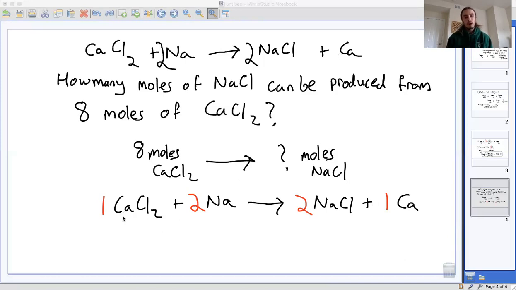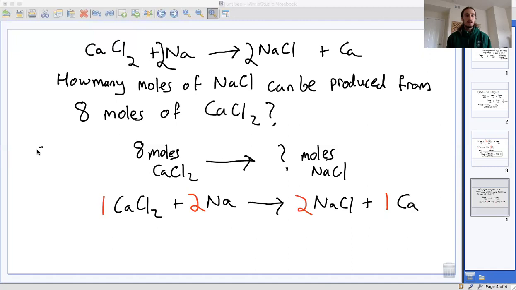Okay, so we know that one calcium chloride is enough to make 2 NaCl's. But we're not starting off with 1. We're starting off with 8 moles of calcium chloride. So we're going to have to multiply this recipe by something that gives us 8 moles of calcium chloride, and then we'll see what we get for NaCl.